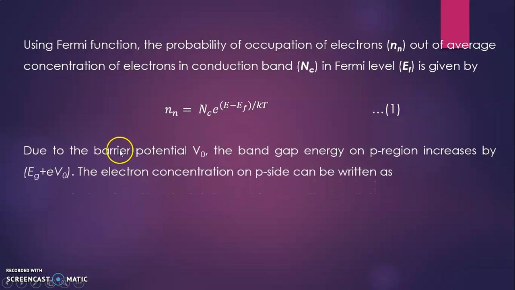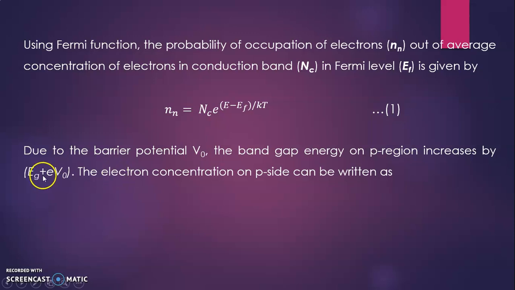Due to barrier potential V naught, the band gap energy on the P region increases to E suffix G plus E V naught. V naught is the potential barrier, and band gap energy is Eg.